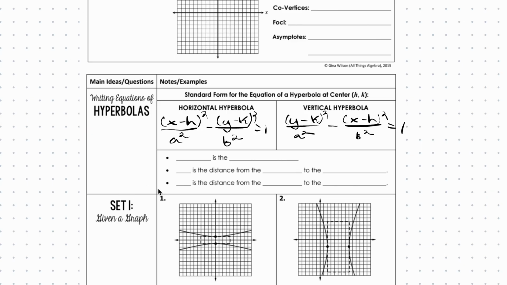And so if we remember, h, k is going to be the center. And then a is actually going to be the distance from the center to the vertices. And then b is the distance from the center to the co-vertices.